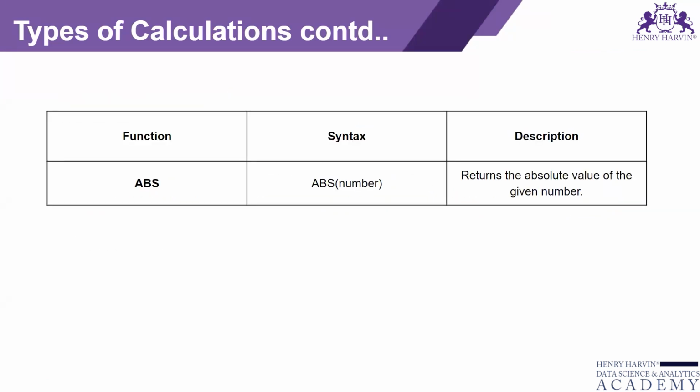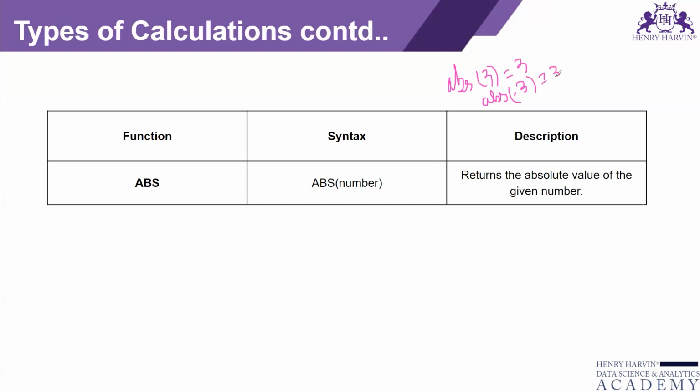Now we have already seen these number functions. What is the meaning of absolute? Absolute basically gives you the non-negative. So absolute of 3 will give me 3, and absolute of -3 will give me 3.